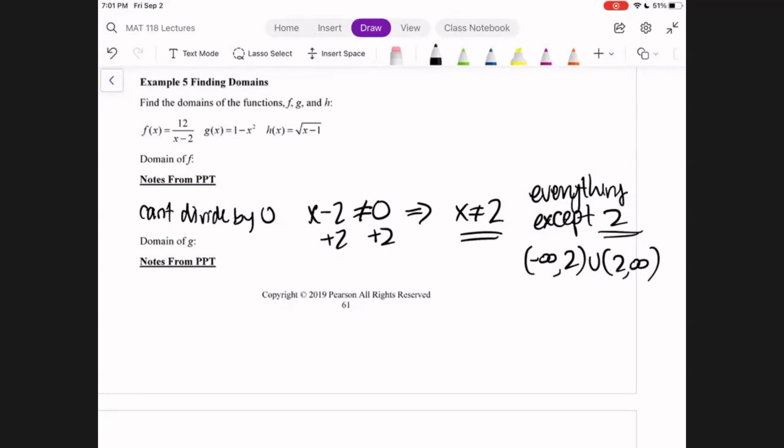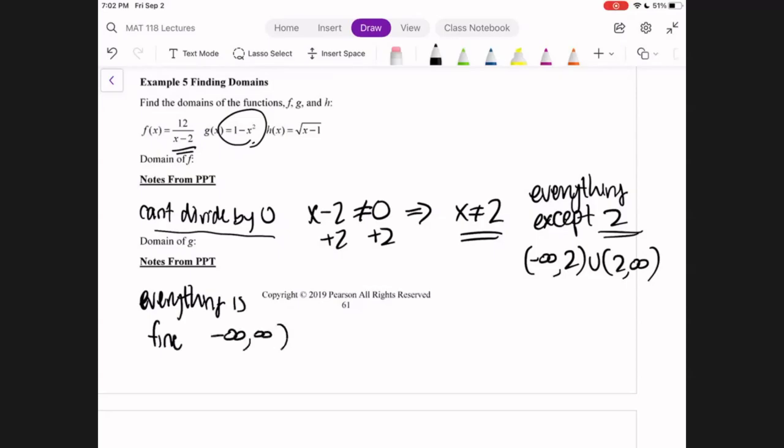Okay. So remember, when you have a fraction, you can't divide by 0. Now for G, you don't see anything weird here. There's no fractions, no square roots. So usually everything is fine. So this will usually be -infinity to infinity. Right? I can plug in any value for x for G.